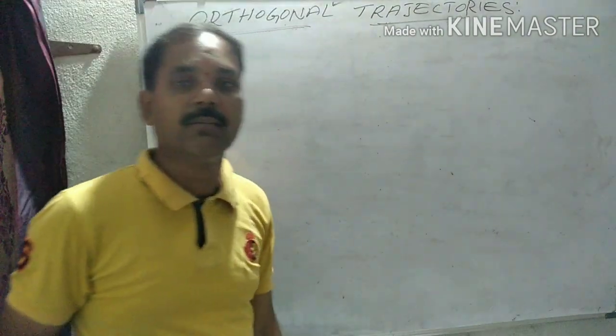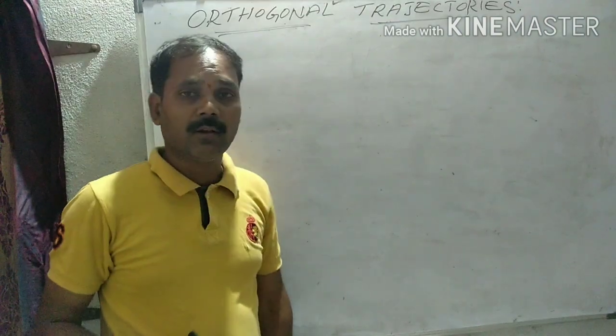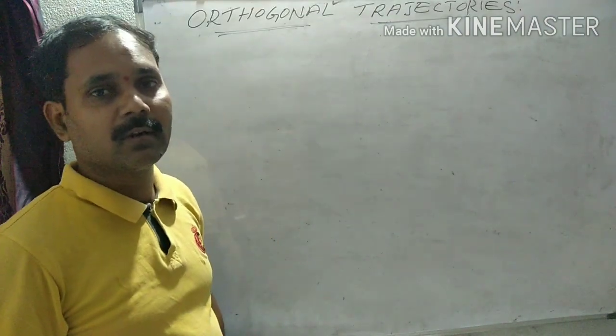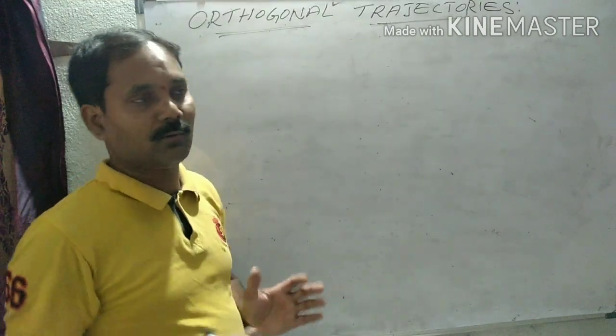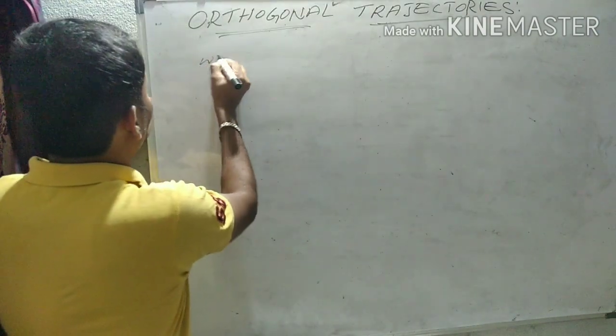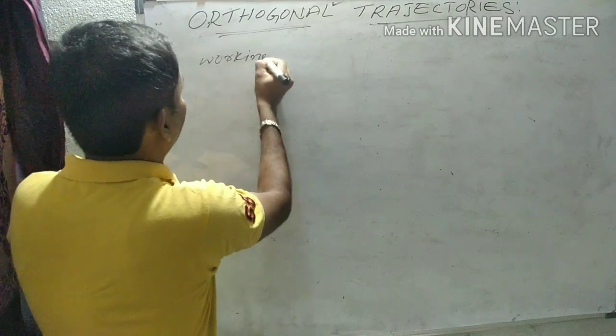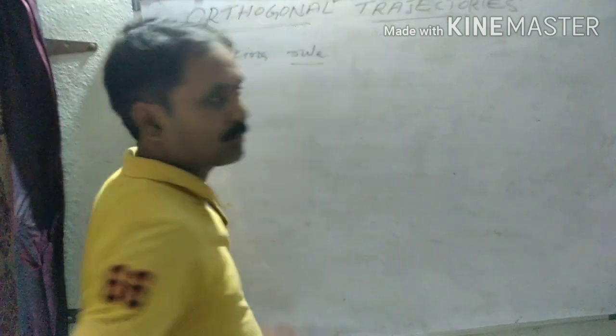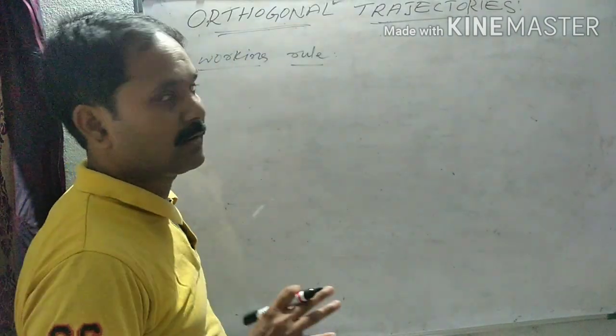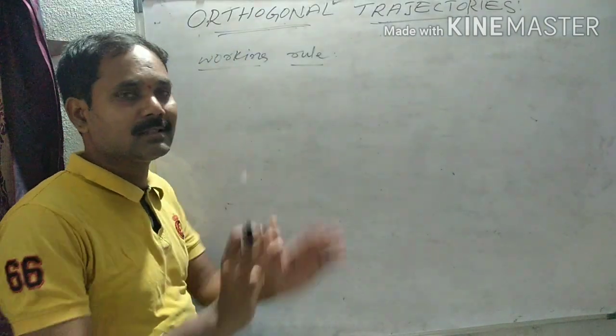I want to explain the first one, find the orthogonal trajectories for Cartesian coordinates. For this we have a working rule. So this is the working rule to find the orthogonal trajectory of a given family.